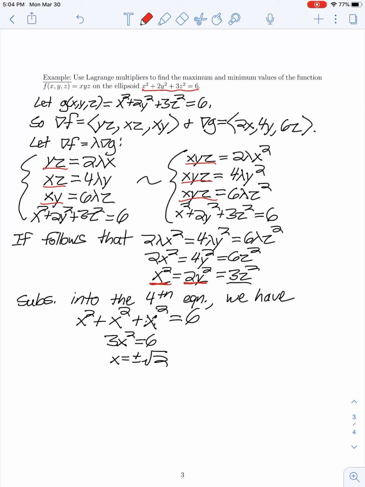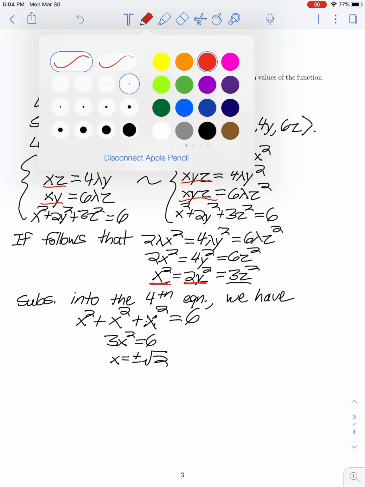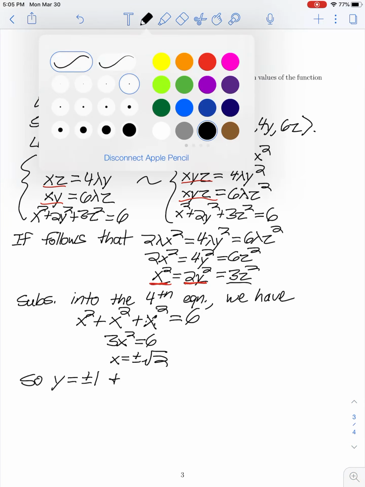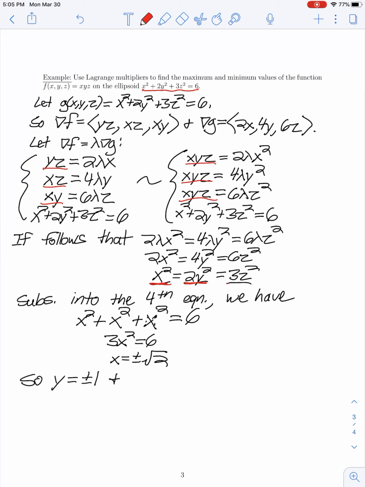So if we solve for y and z, looking back at our earlier work, we saw x squared was equal to 2y squared. Now, if x is plus or minus the square root of 2, x squared is 2, and it follows that y squared would have to be 1. So y could be plus or minus 1.